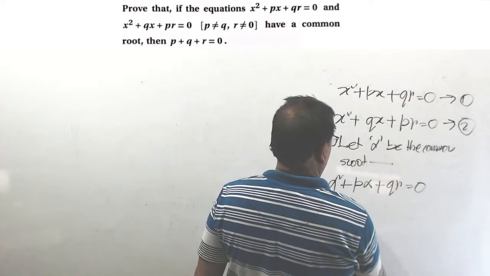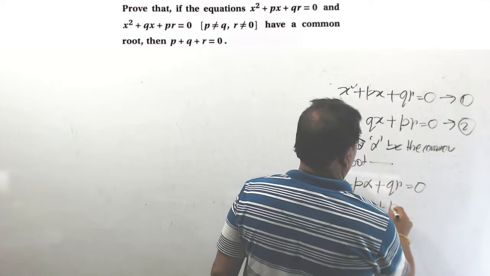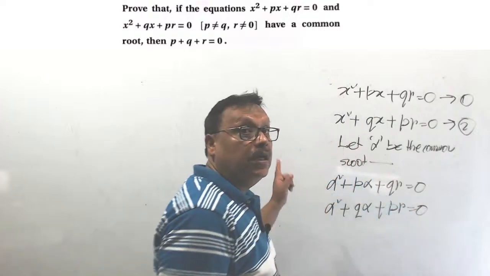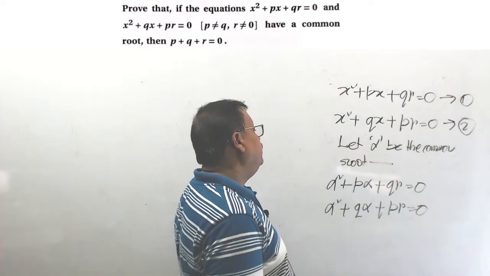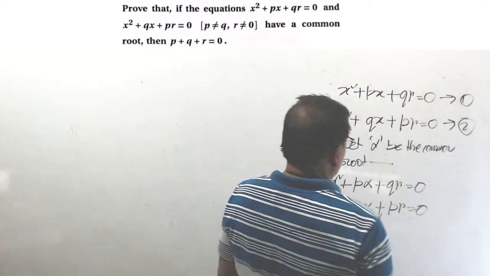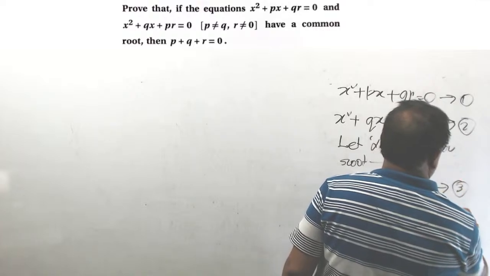Alpha square plus q alpha plus pr equals 0. After satisfying the equations by the root alpha, now give it number 3 and 4.